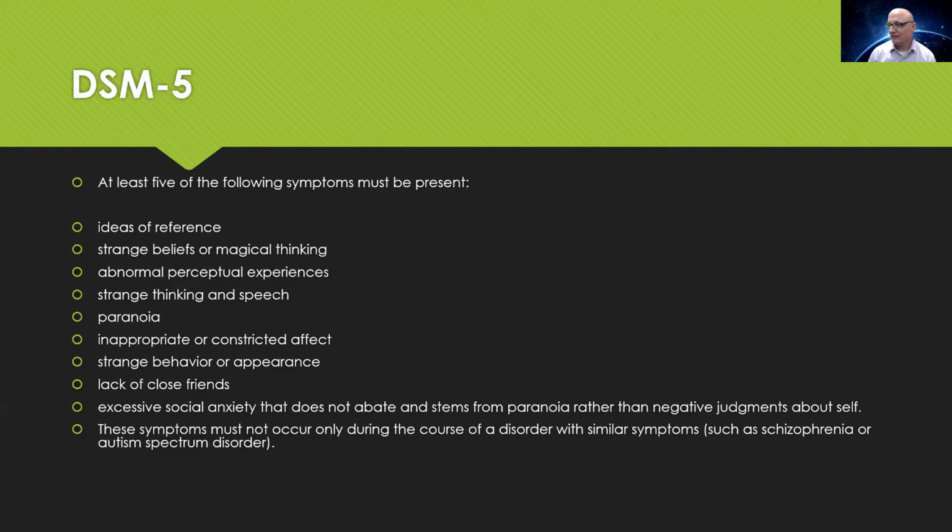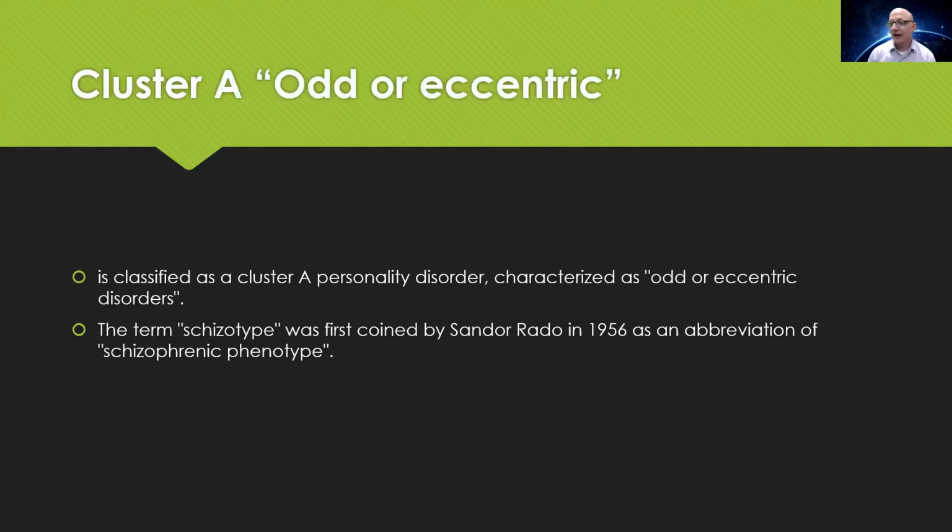And these symptoms must not occur only during the course of a disorder with similar symptoms, such as schizophrenia. It's a Cluster A, which is the odd or eccentric category.